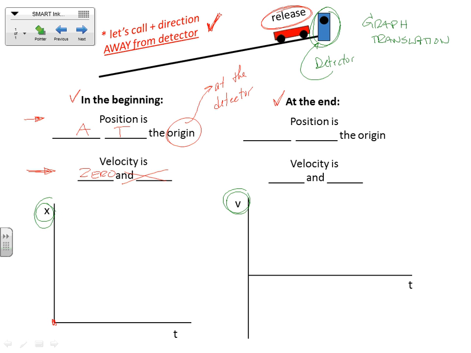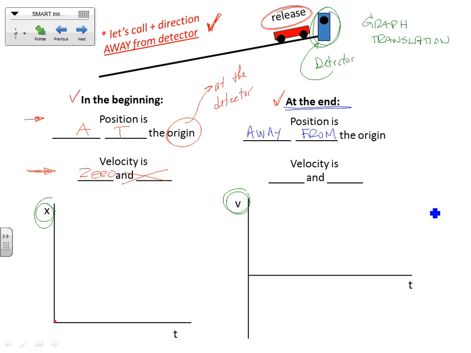So the question is, how do I show those things? We know that at the beginning the position is 0, so we know where to start this graph. And then the question is, how do we show in the beginning that it has 0 velocity? Maybe we'll come back to that. Now, at the end, the position is away from the origin.